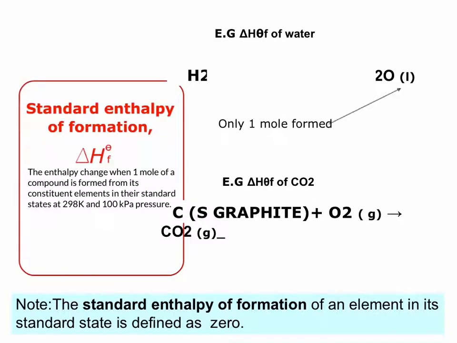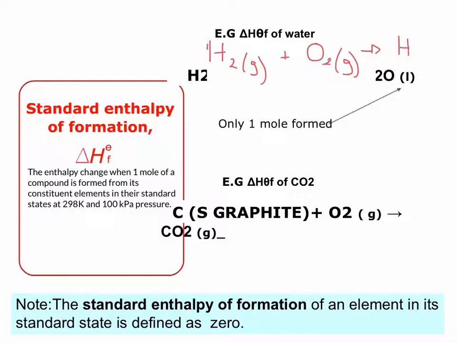There's a space in your notes to write in the example of where we're forming 1 mole of a substance. We're going to pop in the example of forming 1 mole of water. 1 mole of water will be formed from some hydrogen, and it's important to pop in the state symbols, and some oxygen, to form water.